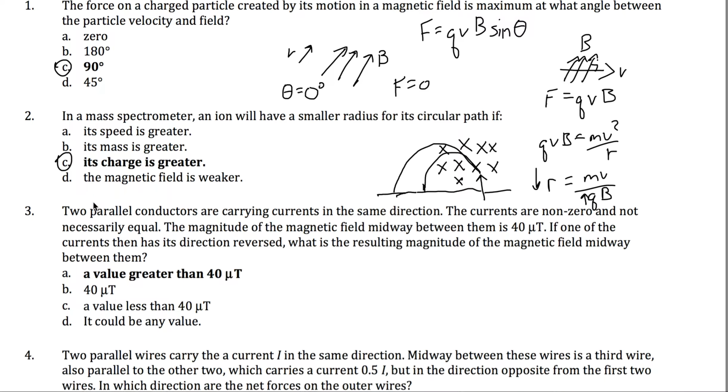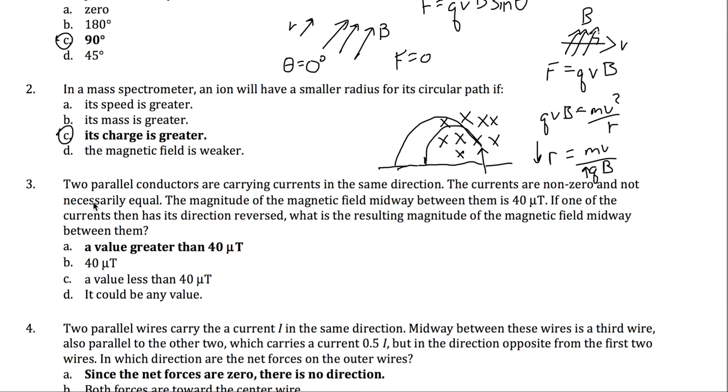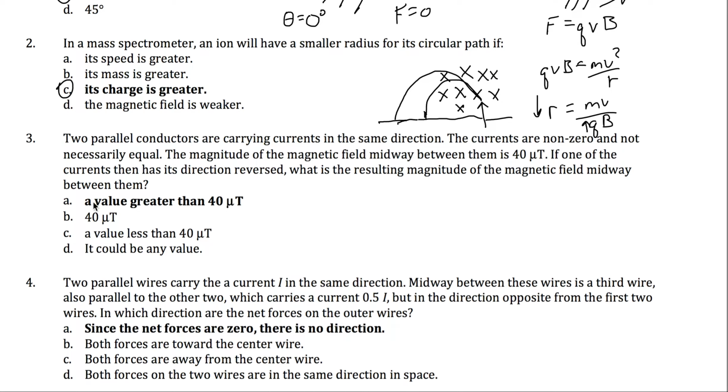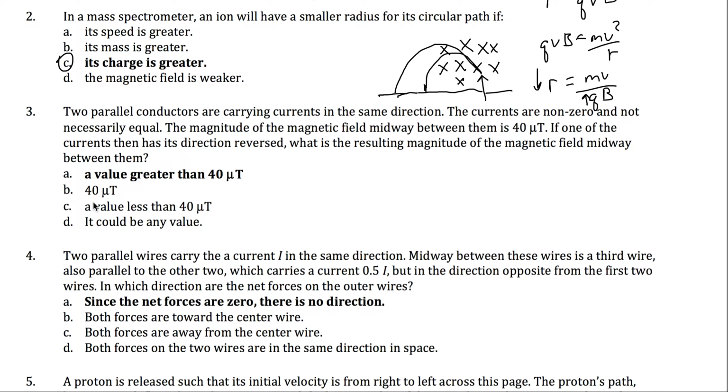Typically in the spectrometer, the charge of the ions might be the same, but just the mass would be different. And so by keeping Q and B and V constant, you can sort them according to their mass.